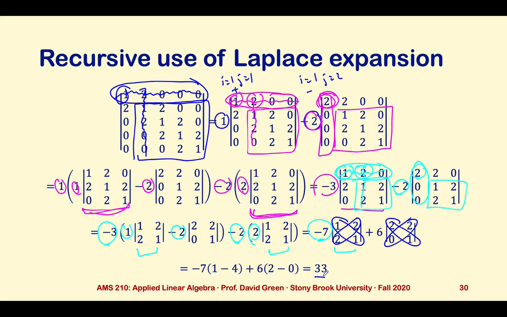If we didn't have a lot of zeros, this first expression would involve 5 separate determinants, each of which is a 4 by 4 determinant, which would give us another 4 3 by 3 determinants. It gets messy very fast. But when we have a lot of zeros, this can give a fairly direct way to compute the determinant.